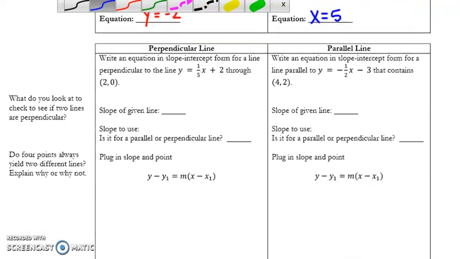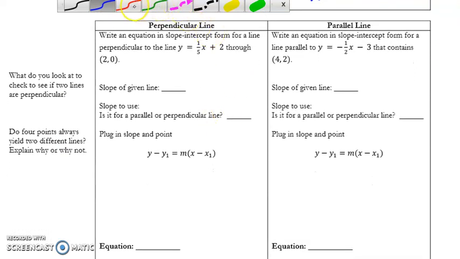Lastly, we're going to take a look at perpendicular and parallel. Perpendicular, we know if we flip it and change its sign, then we can get a slope that's perpendicular. So if it's 1/5, then a slope that we are looking for perpendicular would end up being -5. Okay.